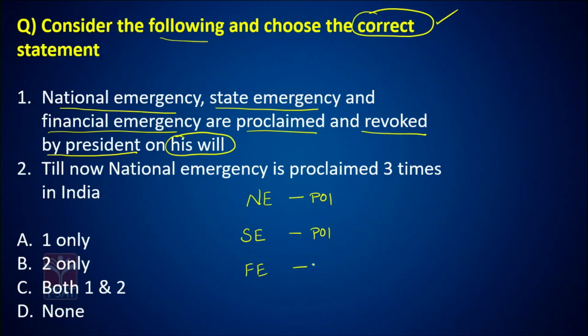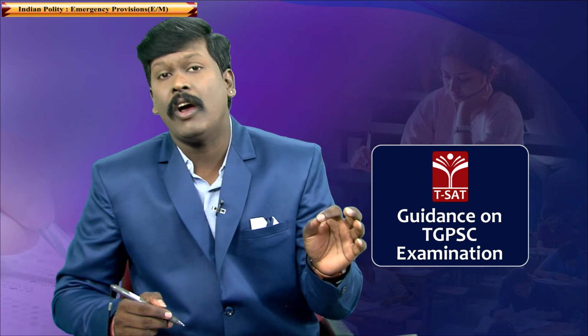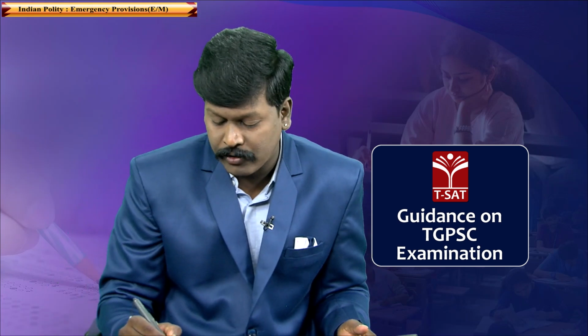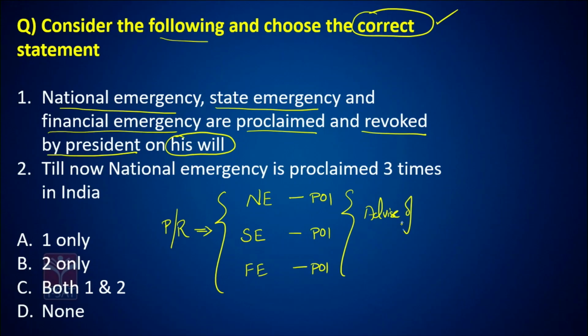Absolutely correct. Yes, the President of India proclaims or revokes any type of emergencies, but on his own will, as per his pleasure, is wrong, because the President of India has the authority to proclaim the national emergency or any type of emergency only on the advice of the government of India.